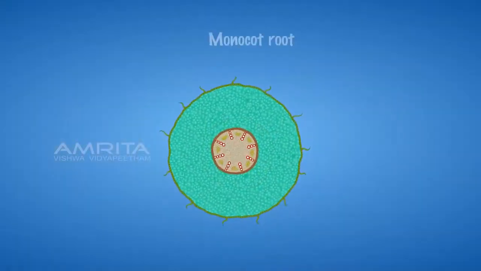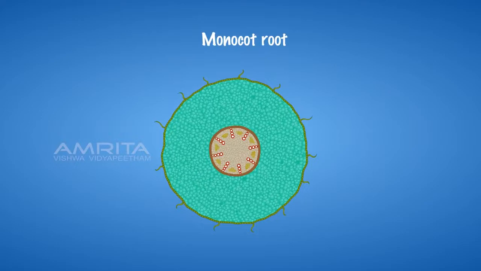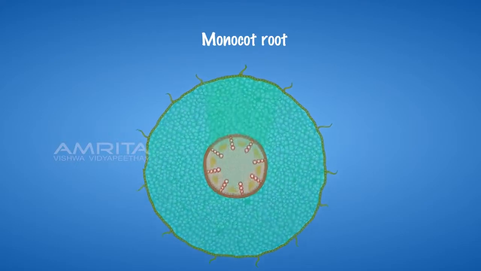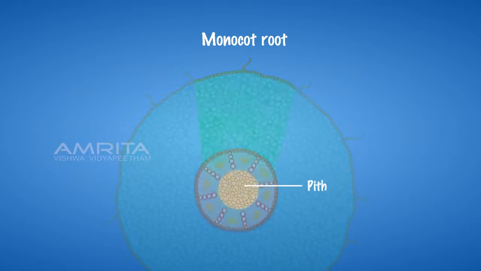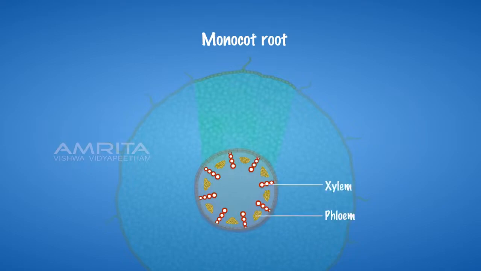Monocot root. Monocot roots vary from dicot roots in some ways. The central portion of the monocot root is occupied by well-developed pith made up of parenchyma cells. The vascular bundle consists of 8 or more alternate bundles of xylem and phloem, called radial bundles.